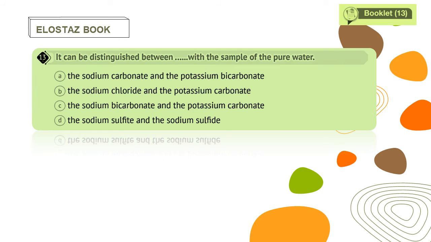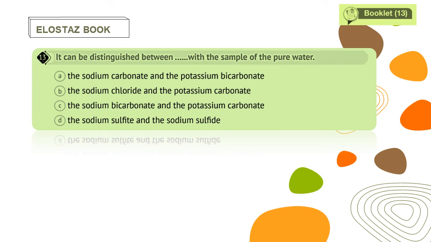Both are soluble in water. The second one we have is sodium chloride and potassium carbonate. Sodium chloride, NaCl, table salt, will dissolve in water, and potassium carbonate also dissolves, so it will not be distinguished by using pure water.